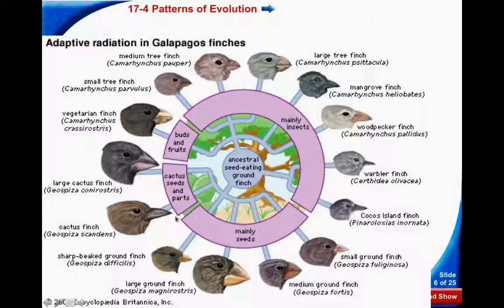Either they're reaching into a prickly cactus, or they're going after insects and plucking them out. But what we're talking about here is just an ancestral bird, more or less. So, patterns of evolution. The reason you see all these finches is because of adaptive radiation. They've adapted and filled all these niches, all these opportunities on these islands, right?